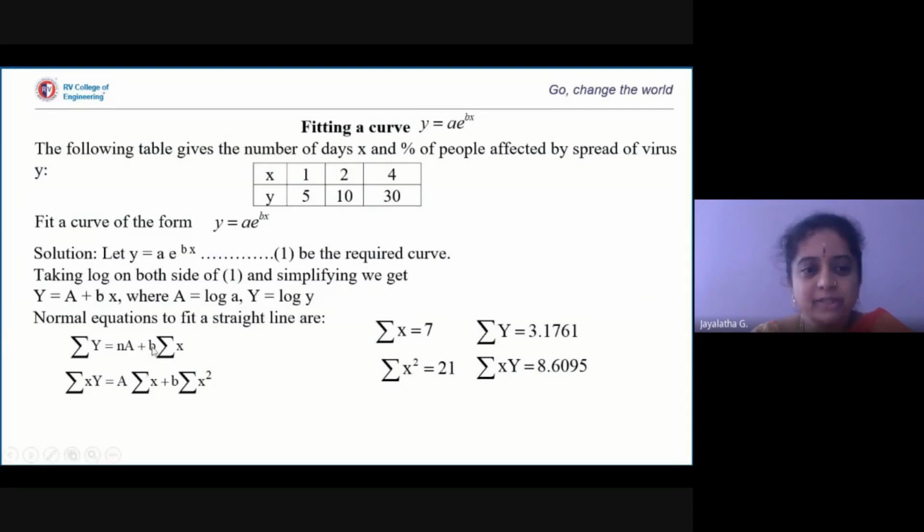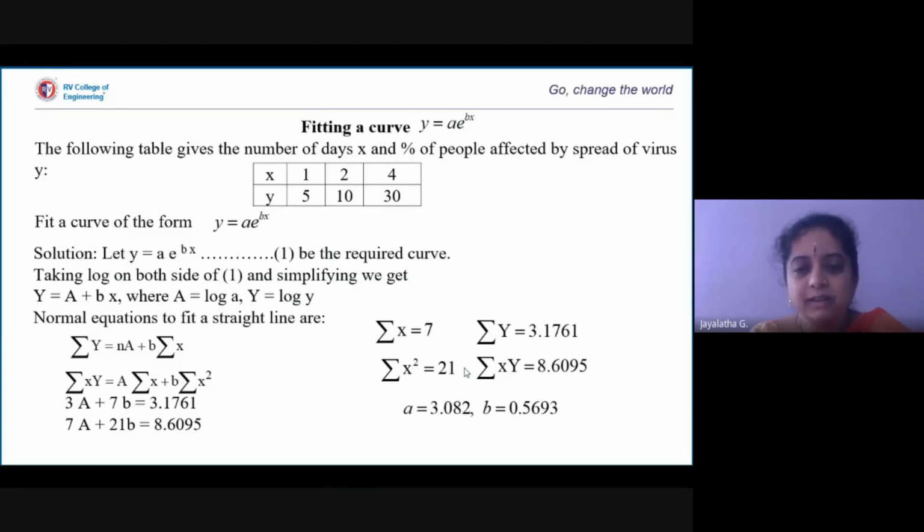Now you have summation X. You will have one more column, Y changed to log Y. It would be better to take log to base e here because you have e. When you take log on both sides, you have log A plus bx log e to base e, which becomes 1 here, right? So better take log to base e and then find the summation values. So finally, I have capital A and B, which I have to change to small a, and then B is here. So these are the values.